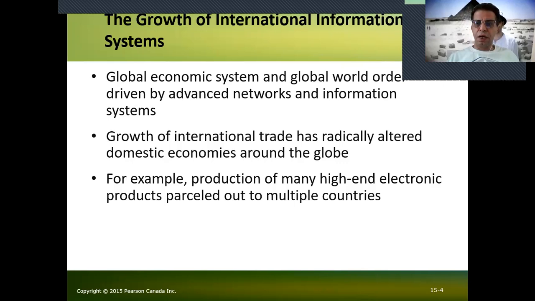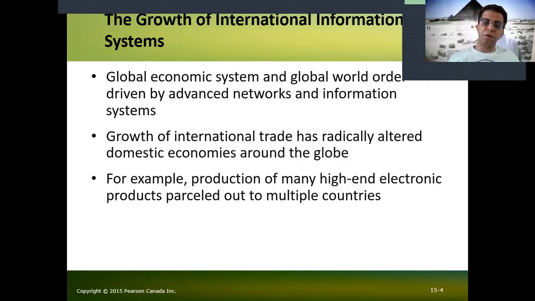The growth of international information systems, the global economic system, and a global world order is driven by advanced networks and information systems. We learned from the earlier chapters that this is what drives the global economic system. The growth of international trade has radically altered the domestic economies around the globe.